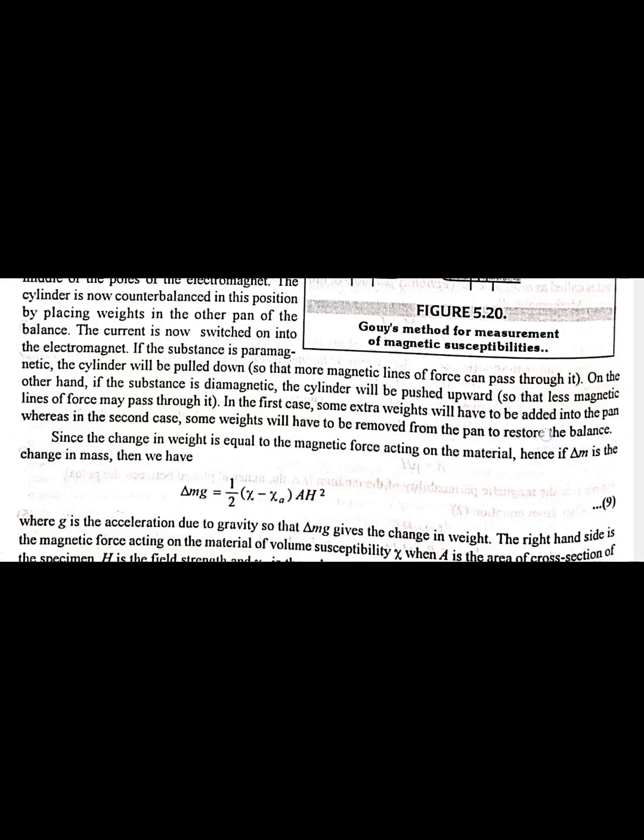Since the change in weight is equal to the magnetic force acting on the material, if delta m is the change in mass, then we have delta m g = 1/2 (chi - chi_a) A H squared, equation 9, where g is acceleration due to gravity, so that delta m g gives the change in weight.